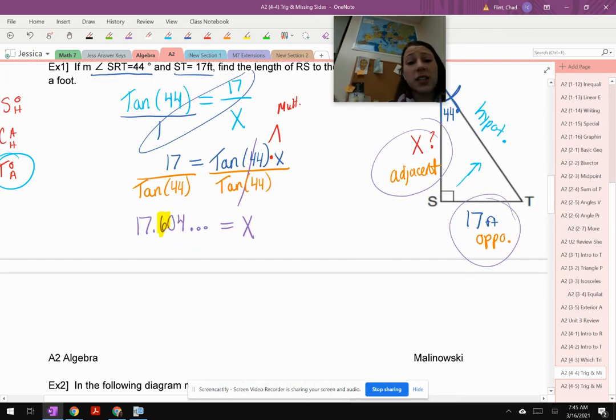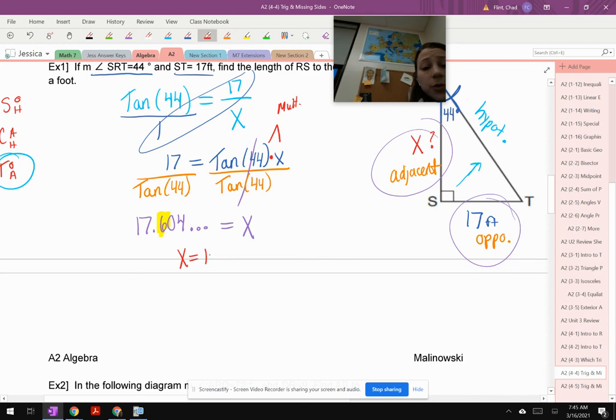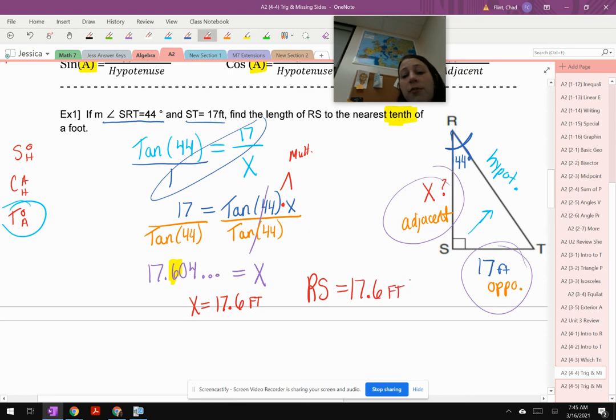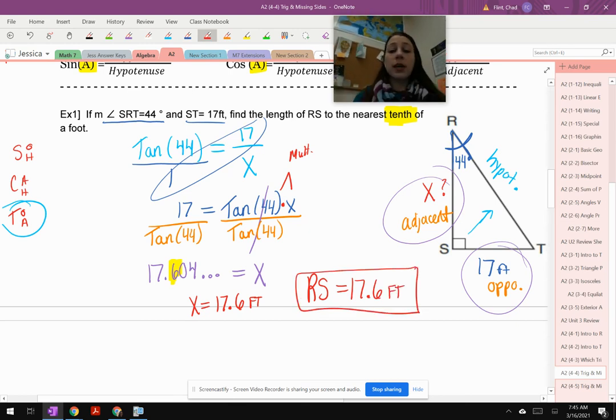Looking next to that is a 0. So my final answer here, X is equal to 17.6 feet, which means that RS is equal to 17.6 feet. And there you go. You just completed your first trig problem.